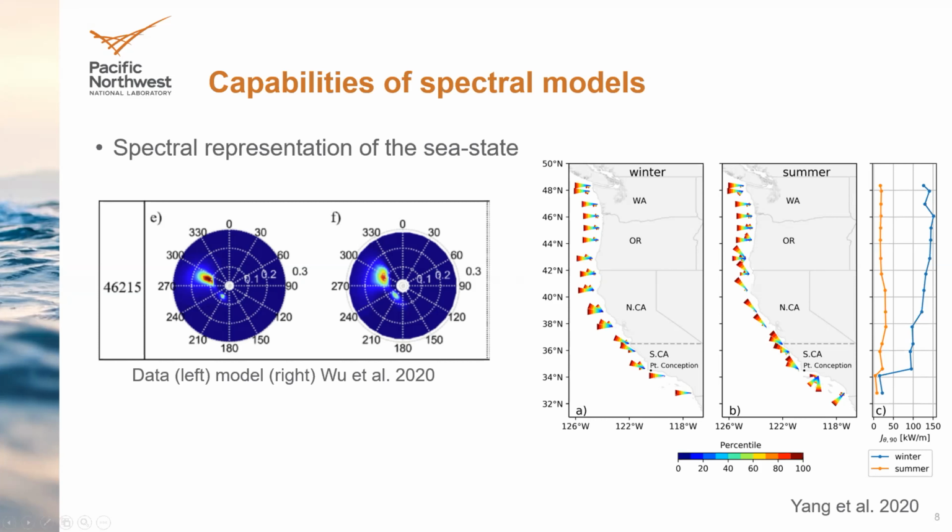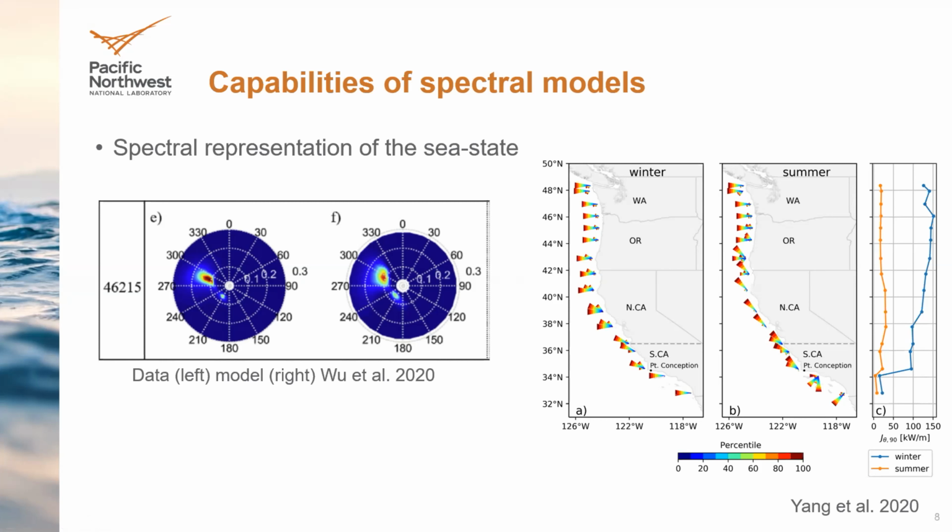The waves have a very strong seasonal signal. So here are some wave roses offshore of the West Coast, for the winter here and the summer on the right. In the winter, you have more directions offshore of California.